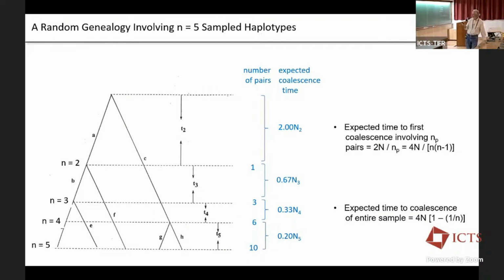The theory's been well worked out here, and that's equal to 2n generations divided by the number of pairs. So you get your first coalescent there. That's the average time to get the first coalescent in our sample of 5.